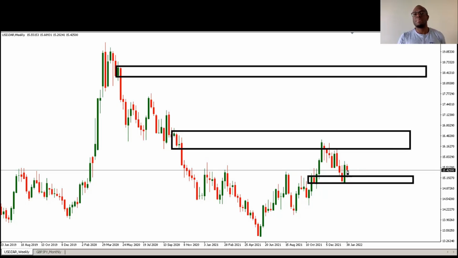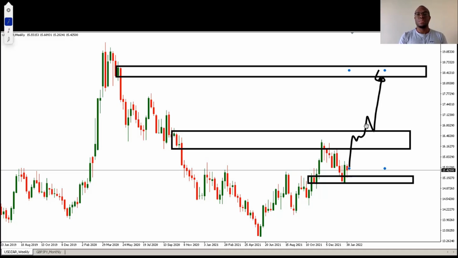So what we'll be expecting in the coming week is a scenario where the price may either pull back for the second time before coming to test this supply area. So this is the first scenario. The second scenario is that the price may continue straight into this supply area, where it can either start a consolidation before it breaks above, then pulls back to test it, and then push to the upside, coming to 18.41310.